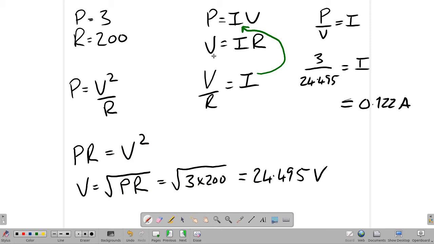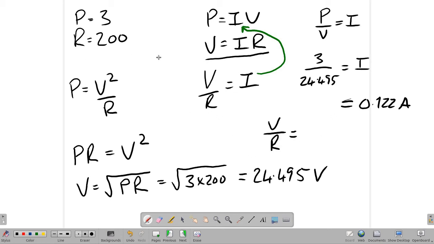Now, just to validate that, we can put it in this other equation. In this case, we do our voltage divided by our resistance. So if we did V over R, we should get the same answer, and we'll validate that quickly.